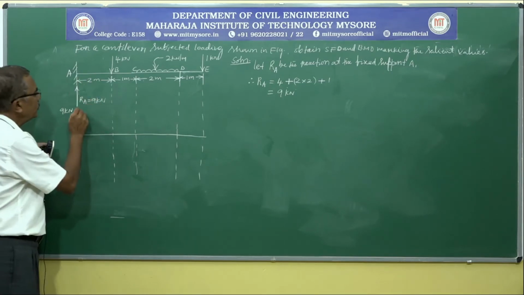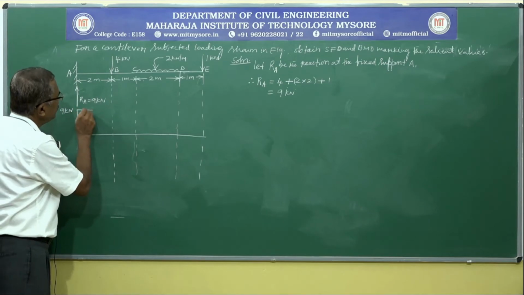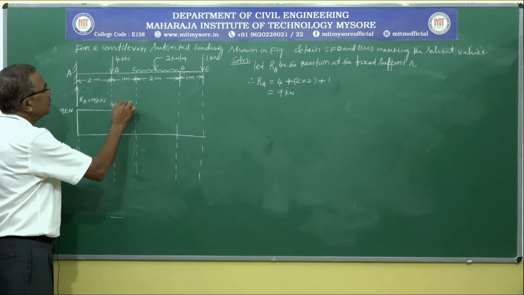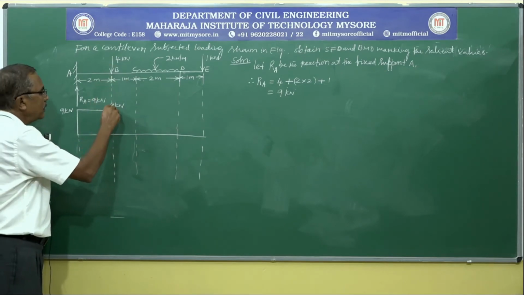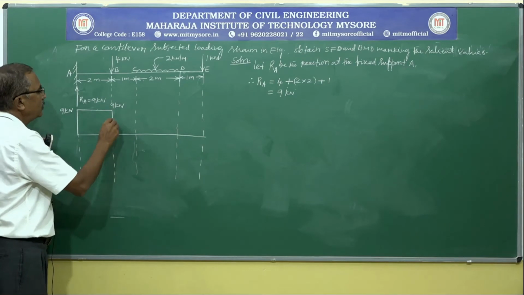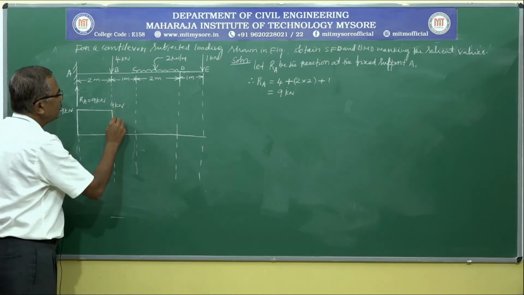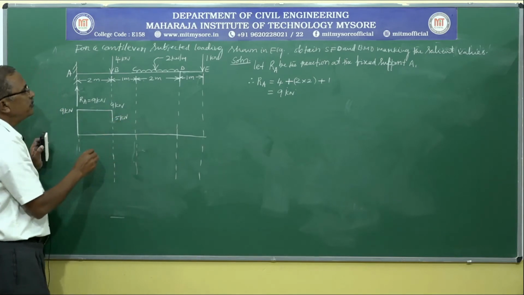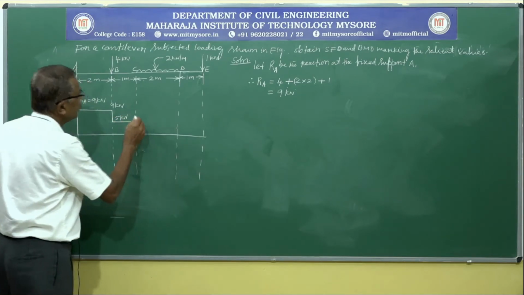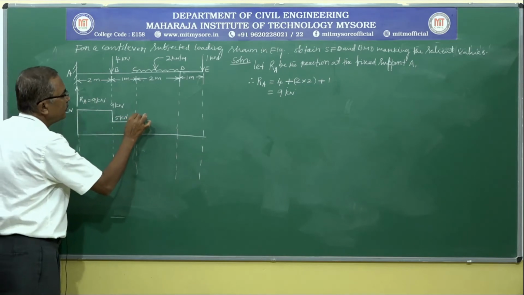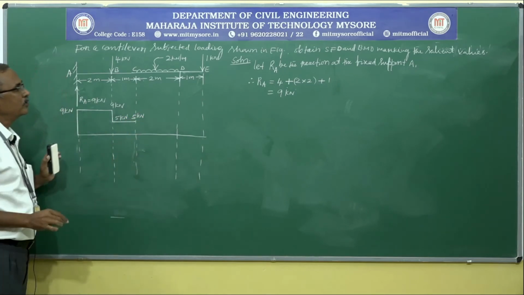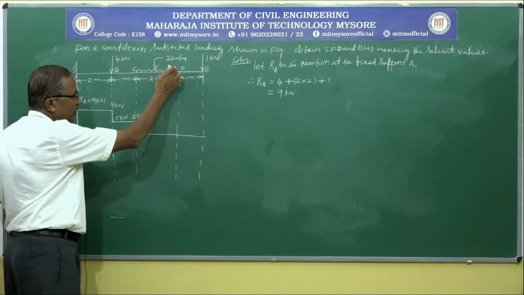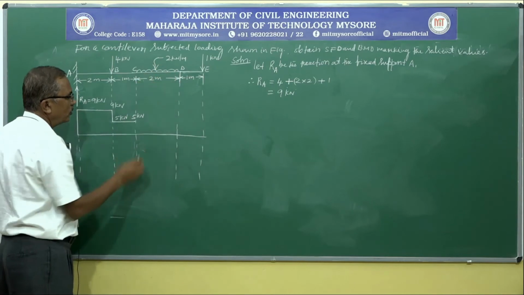Between A and B no load, we know the variation of the shear force diagram is a horizontal line at 9 kilonewton. At point B there is a vertical load, come down by 4 kilonewton, 9 minus 4 is 5 kilonewton. Next between B and C no load, here also it is 5 kilonewton horizontal. Between C and D there is a uniformly distributed load, convert UDL to a point load, 2 into 2, 4.